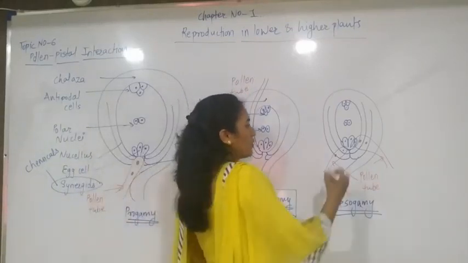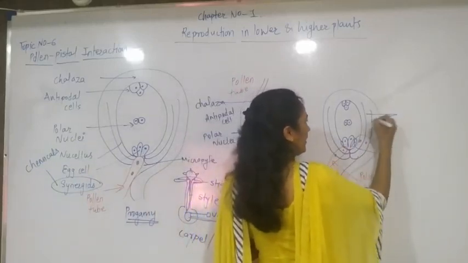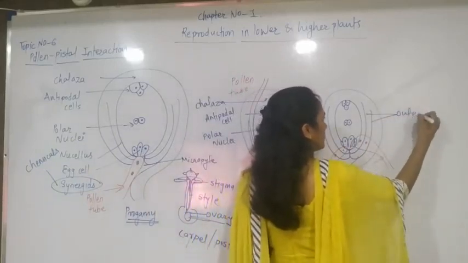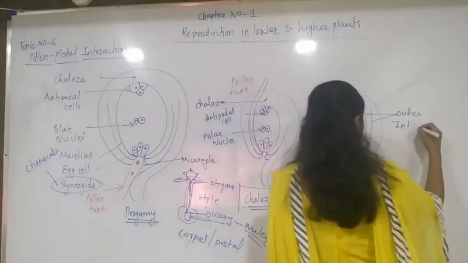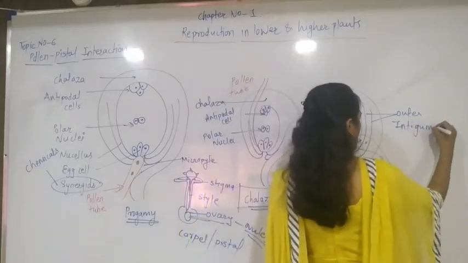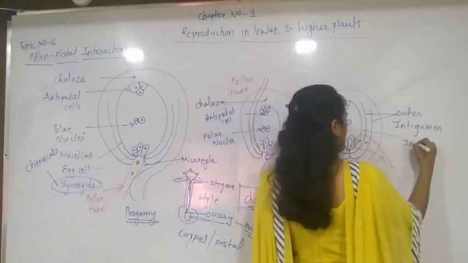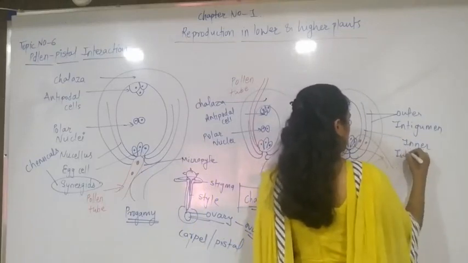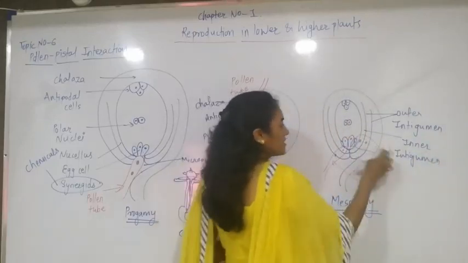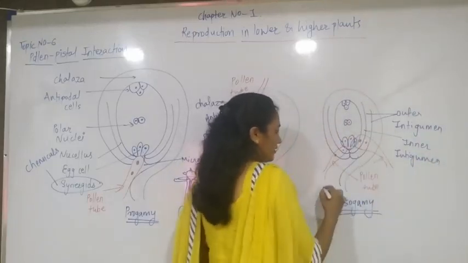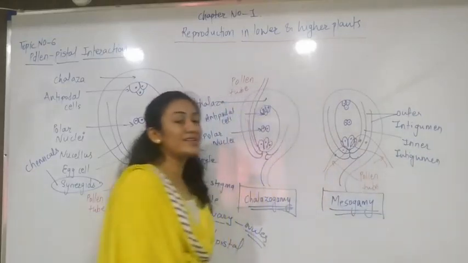And then there are these two or three outer integuments, and this is the inner integument. When the pollen tubes enter through this covering, that is the integument, that type of interaction is called mesogamy.